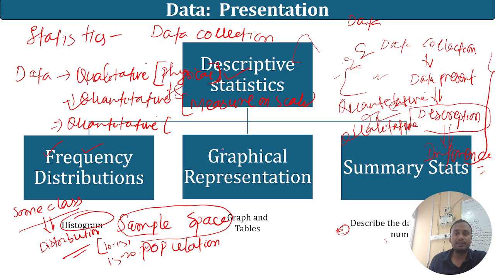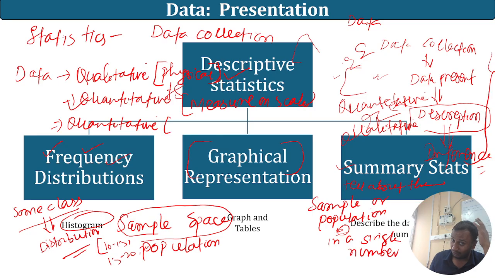Then we have some sort of graphical representation. The same frequency we can show in graph form also. Then after that come summary stats. Summary stats is something where we tell about a sample or population in a single number.